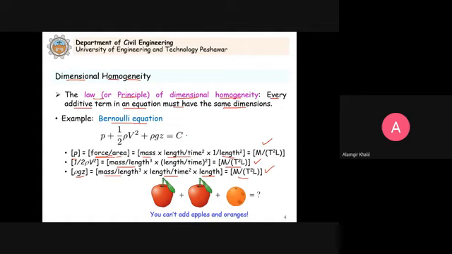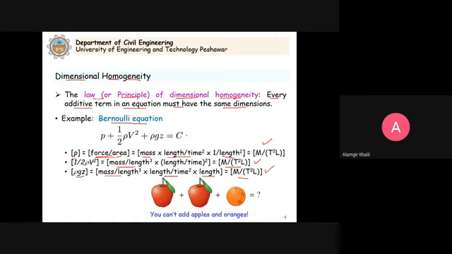You see that the Bernoulli equation we can use whether we have a problem in the SI system of units or in the British gravitational system, the FPS system. We do not change the shape of the Bernoulli equation.